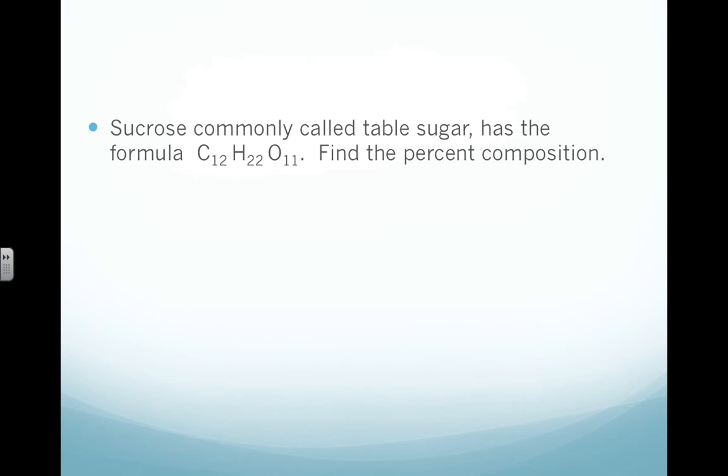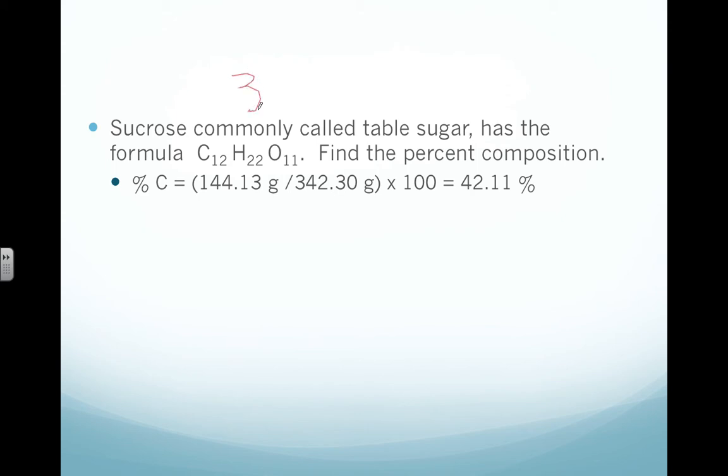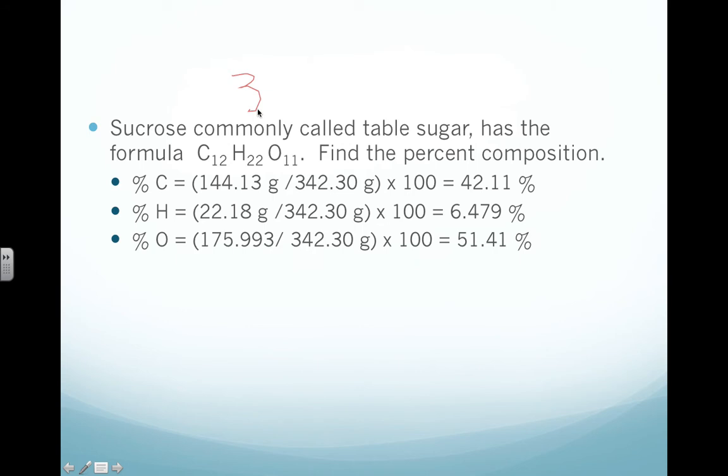Okay, here's sucrose. So you need to find the percent composition. Once again, we have 3 different elements, so we're going to have 3 percents by mass. And notice we have 12 carbons, 22 hydrogens, and 11 oxygens.